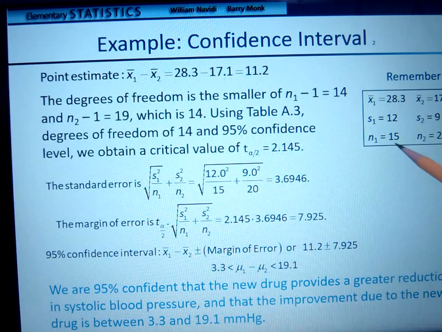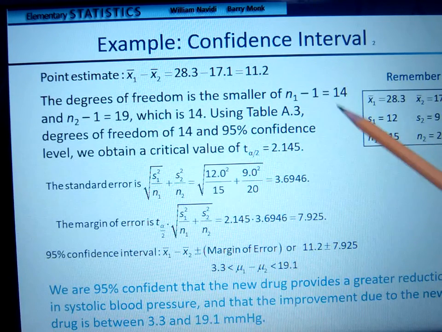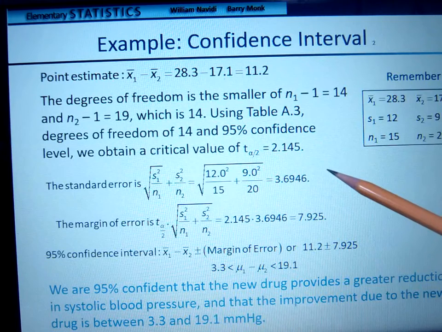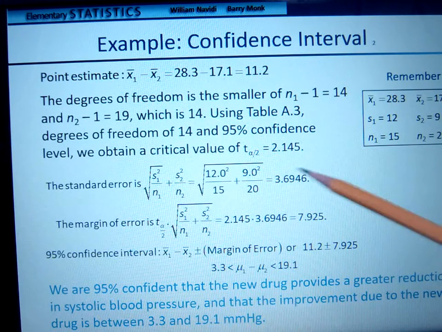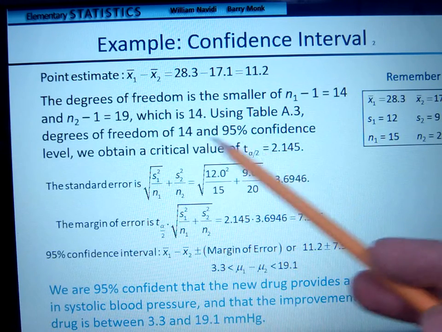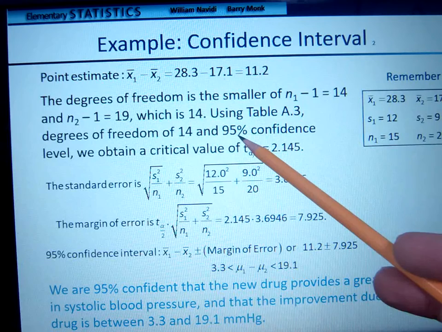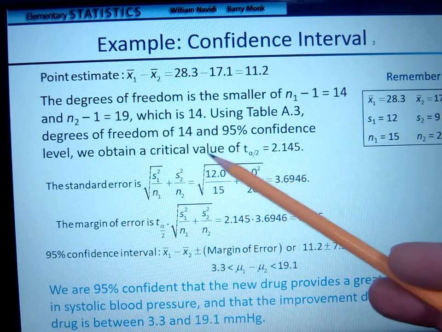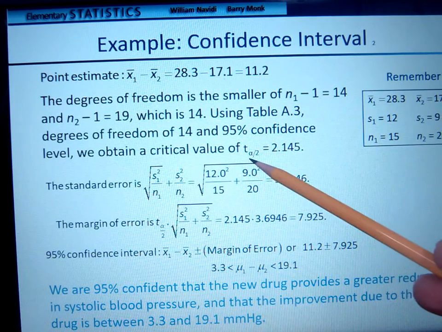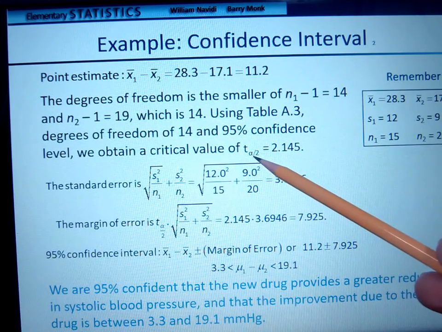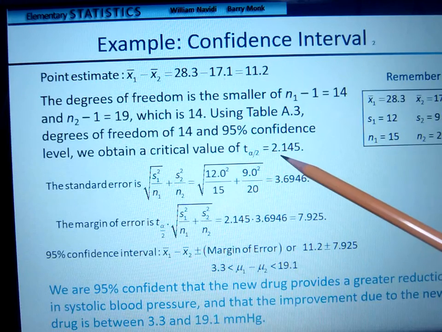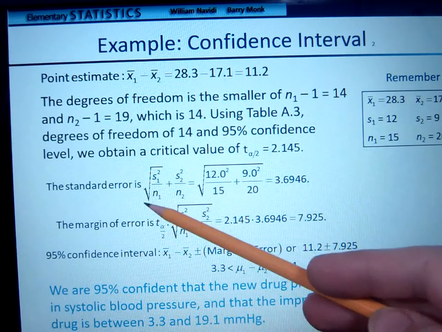This one had 15, this had 20. So we're going to take 15 and minus 1, so 14 is my smaller. My degrees of freedom is 14, and at a 95% confidence level, we obtain the value of t sub alpha over 2 of 2.145.